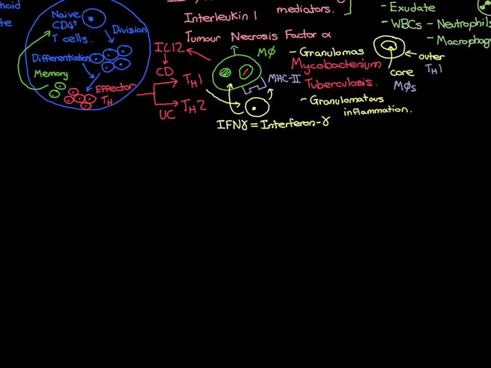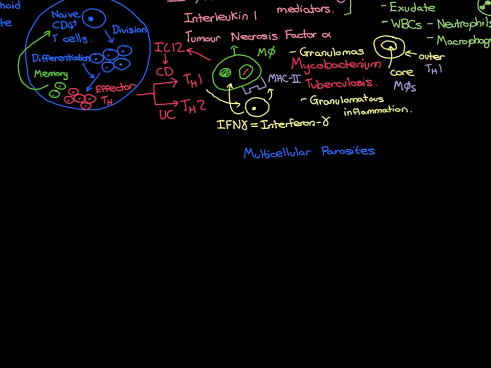This is used when you're dealing with multicellular parasites. So T helper 2 are classically involved in the response to multicellular parasites, where you've got a pathogen that is not unicellular, but is instead multicellular, such as worms, for instance. T helper 2 cells are the ones that are extremely important there.